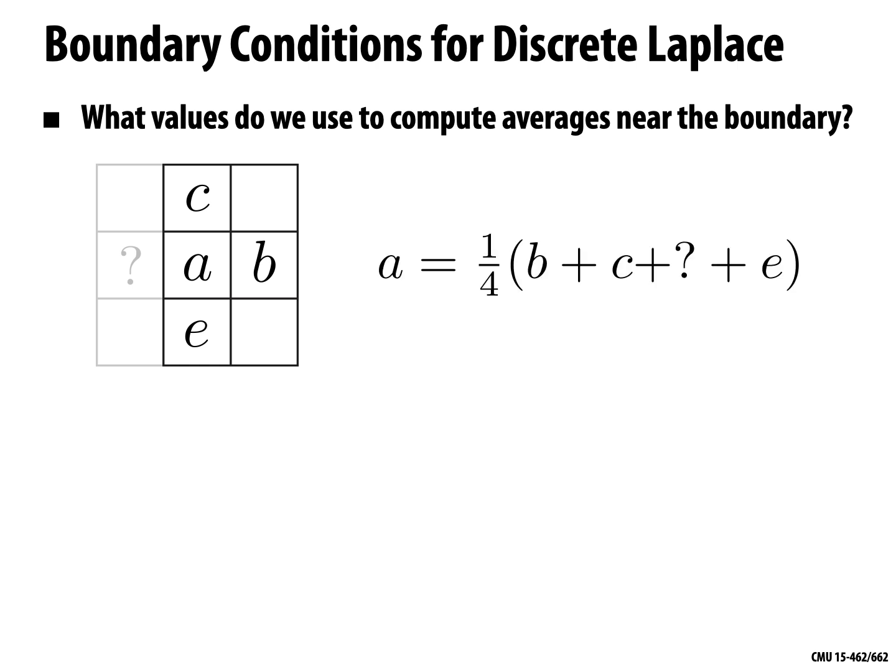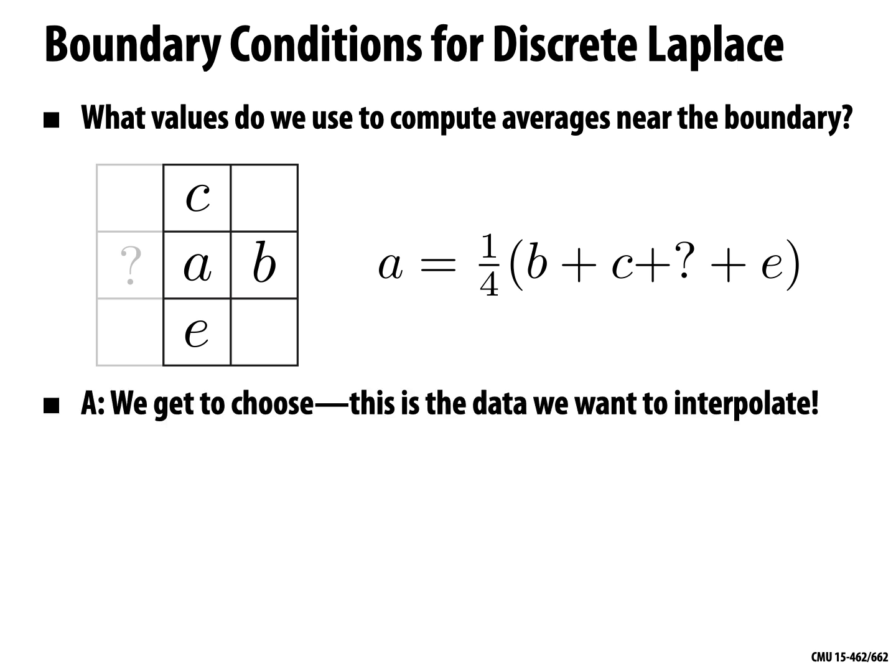Our average is one quarter of B plus C plus, I don't know, plus E. And the answer to what to put there is, well, you get to choose. You get to choose what data to put along the boundary. This is exactly the data that you want to interpolate. So these could be height values, they could be color values, whatever you like.